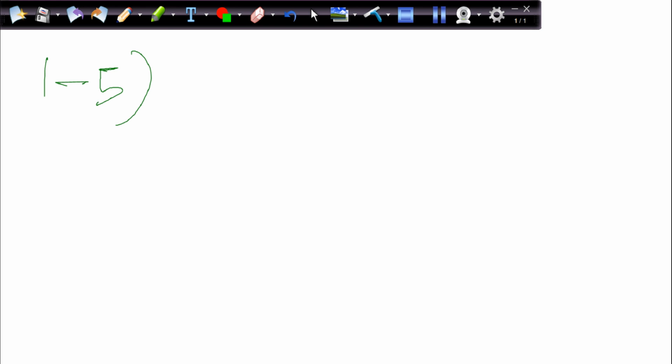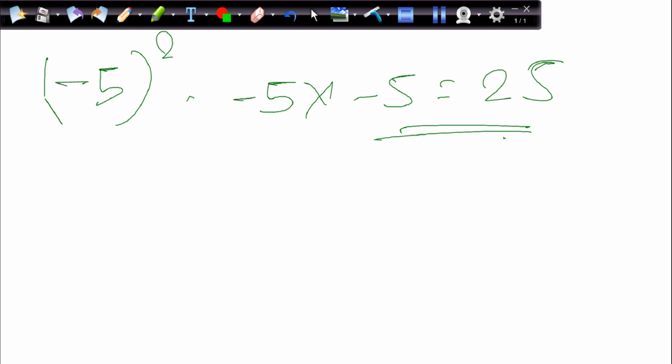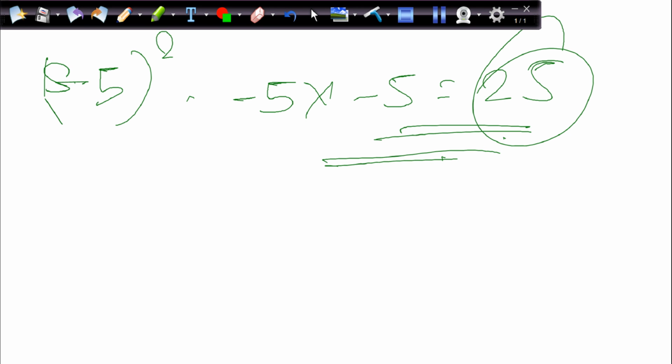If I square it, what will happen? It will be -5 into -5, and that would be equal to 25. So I am getting a positive number. So the second kind of measurement is squared mean error, and the name itself is explanatory. Everything remains same in this as well.